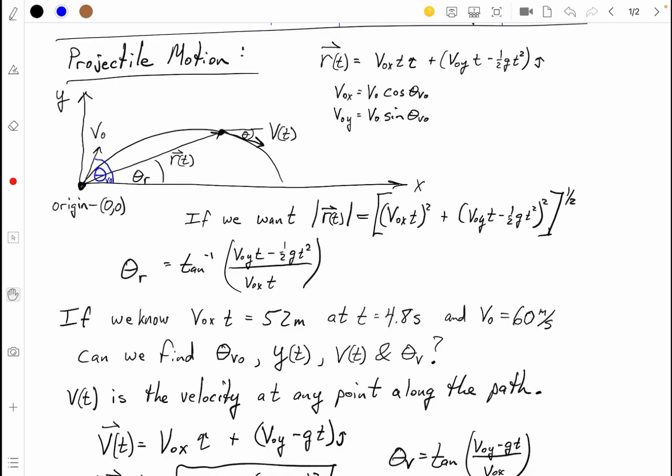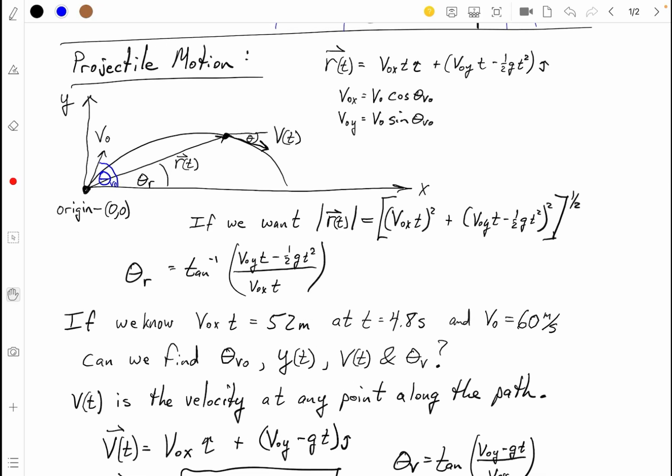If you want to get the r vector, then you want this vector, okay? So you need to know this is your x as a function of t, and this is your y as a function of t. All right? So we've got that.